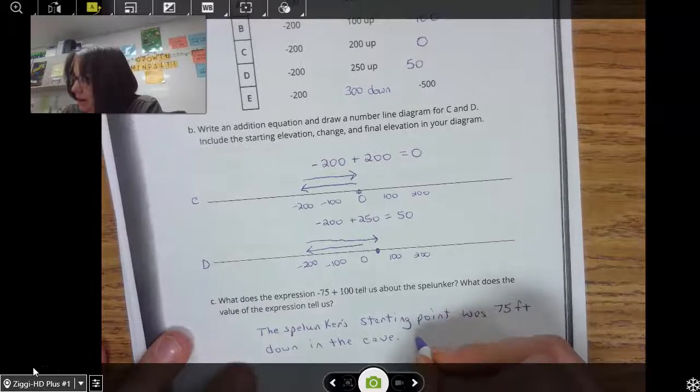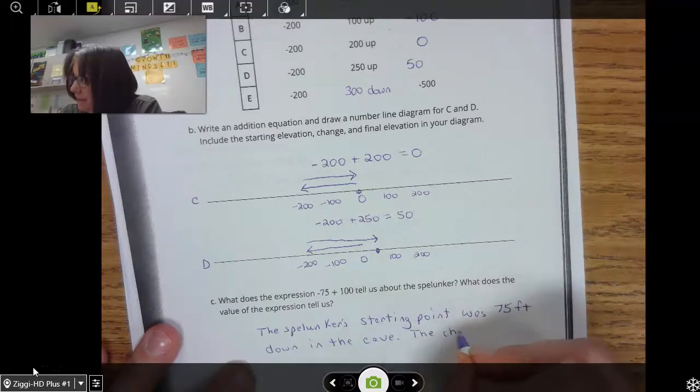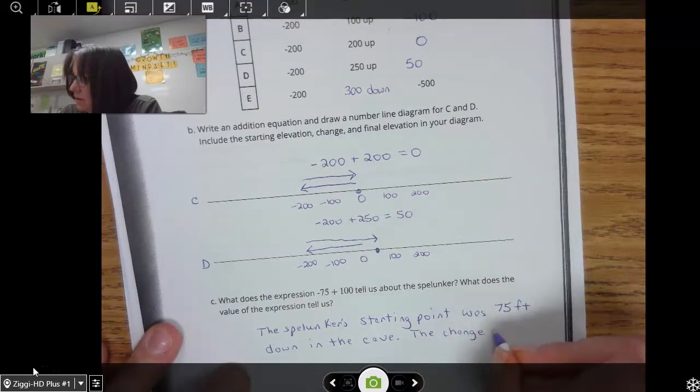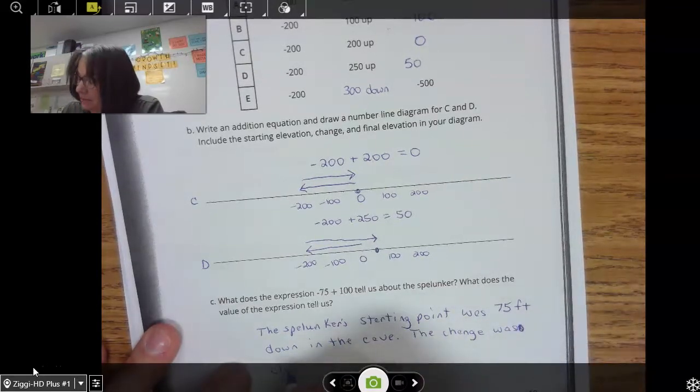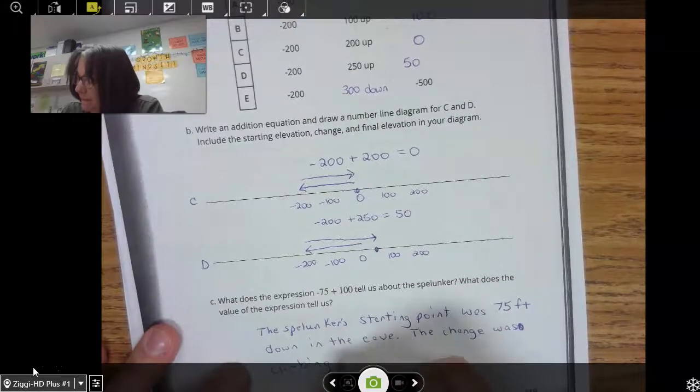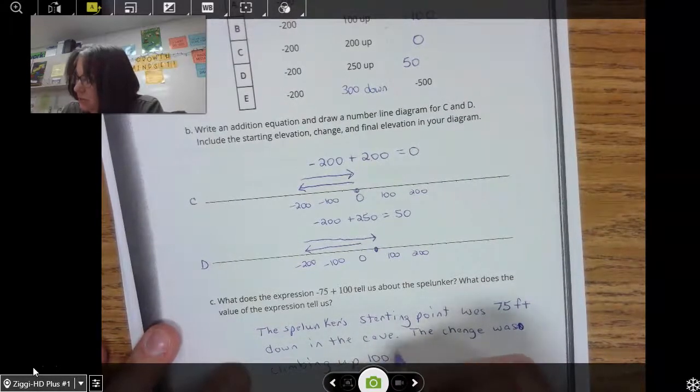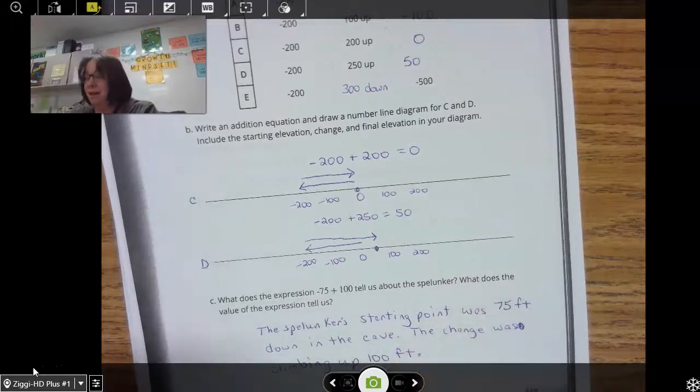At that point, he or she, the spelunker, the change was climbing up 100 feet. That's why it's positive, because they climbed up 100 feet.